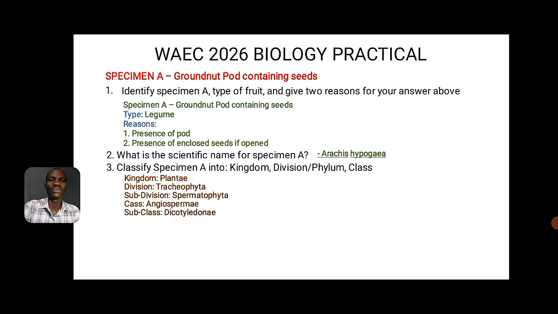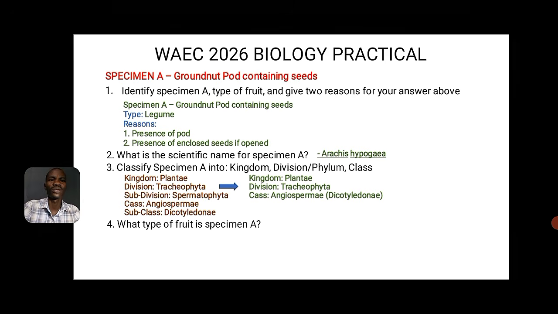And then we have the subdivision dicotyledonae, which is the classification according to the seed leaf. However, this might be a little bit too much for some students. So to be on the safer side, write kingdom Plantae, division Tracheophyta, class Angiospermae, and then bracket dicotyledonae.